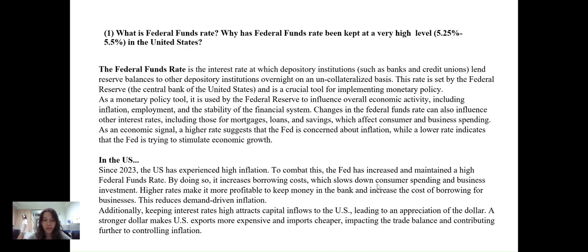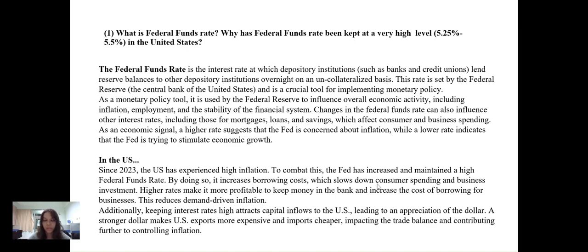The first question asks what is the federal funds rate and why it has been kept at a very high level in the US. So the federal funds rate is the interest rate at which depository institutions such as banks and credit unions lend reserve balances to other depository institutions overnight on an uncollateralized basis.